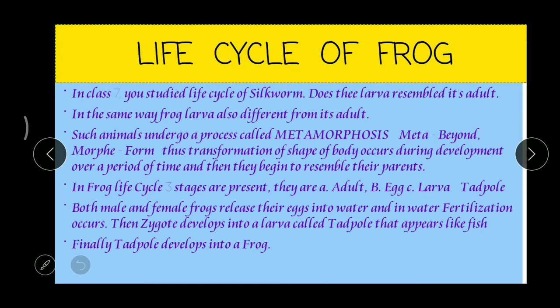Already in the 7th class you studied the life cycle of the silkworm, where we can find 4 stages: adult, egg, larva, and adult again. So when you observe the small baby and the mother, whether the baby and the mother appear to be the same or different in appearance.